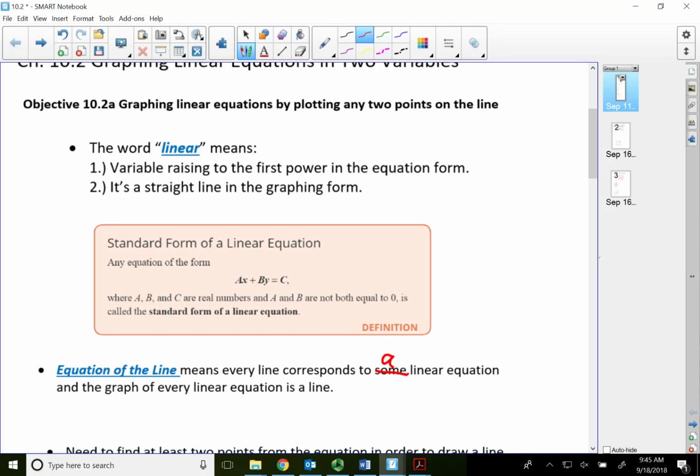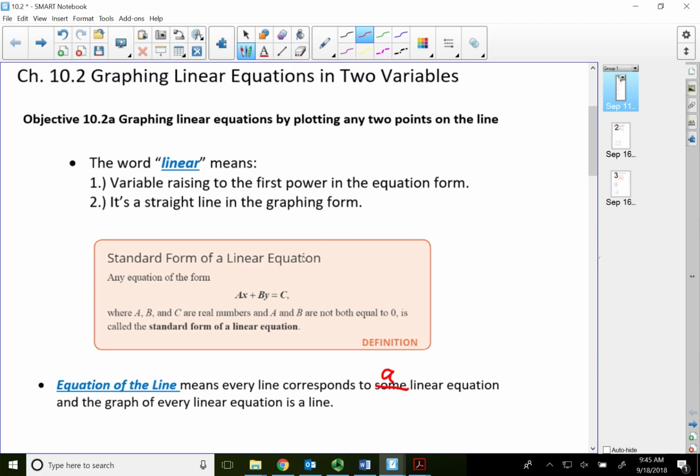The word linear, which I mentioned briefly in Module 10.1, means a variable raised to the first power in the equation form. It also means a straight line in the graphing form. So that's what it means to be an equation with a line.